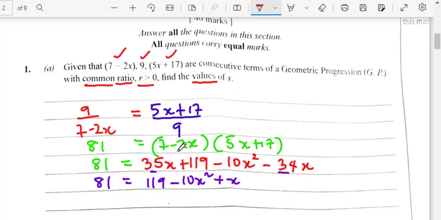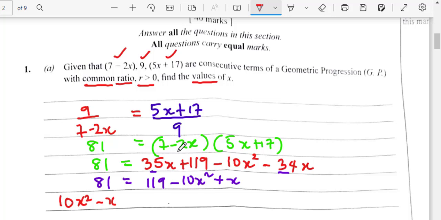Well, I can decide to add 10x squared to both sides of the equation. If you don't understand what I'm saying, this is what I mean. I want to send negative 10x squared from the right hand side of the equation to the left hand side, and when I do that, I get a positive 10x squared here. I don't want a negative number to start the equation. When I send x from the right hand side to the left hand side, I get negative x here.